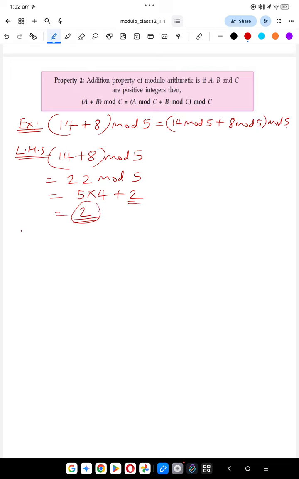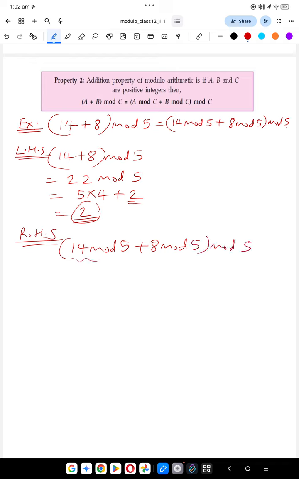Now let's verify with the RHS. What was there in our RHS? 14 mod 5 plus 8 mod 5, the whole mod 5.